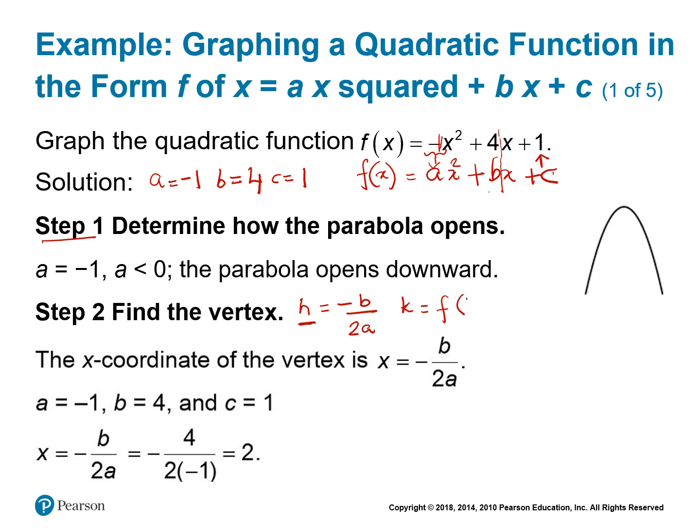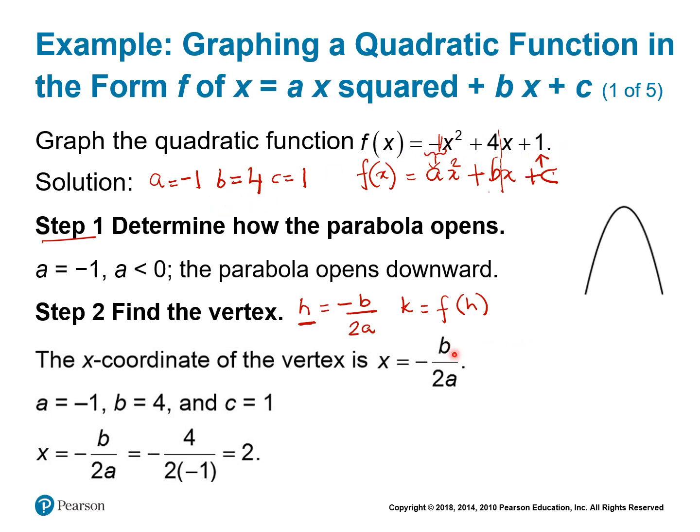So I'm just going to write it as f of h. All right. So here they've done the calculation. The x coordinate of the vertex, which is h, equals minus b over 2a. So you have to plug in the value of b, which we just extracted from the function. So b is 4.